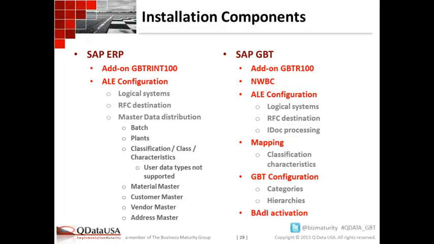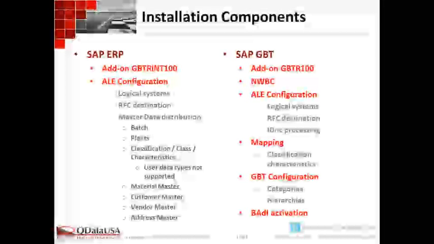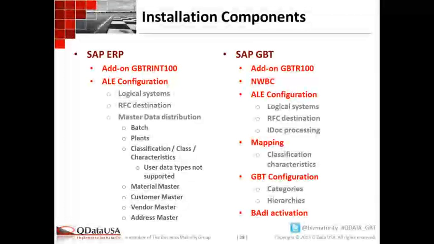On the GBT side, obviously you need to install NetWeaver. We need to install the GBT software. NetWeaver Business Client is the UI piece, so you need to install that. Then you need to do the inbound ALE configuration, so logical systems, RFC destination, and inbound IDOC processing. That's fine. On the mapping side, classification and characteristics typically are different at the different clients.